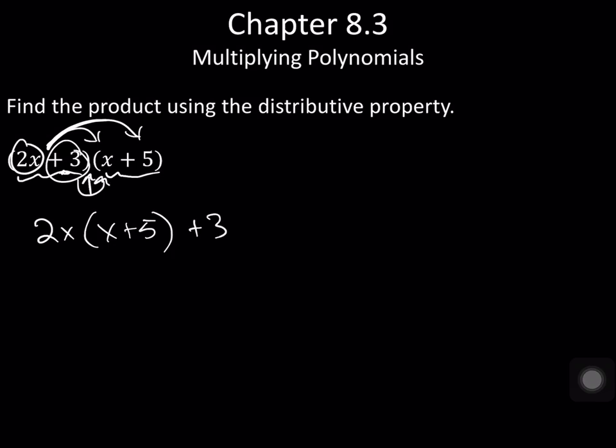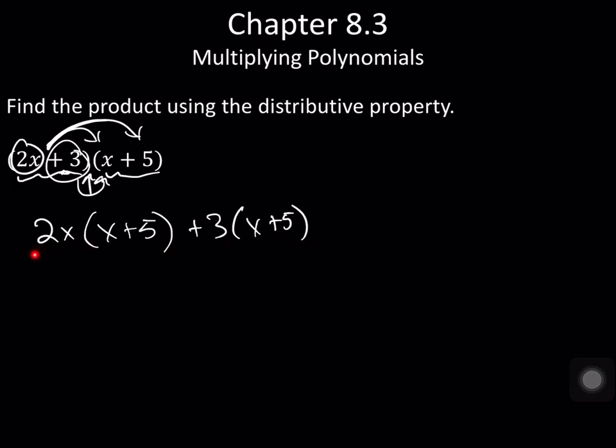So there's our plus 3. It's a positive 3, and it's going to be distributed to the x plus 5. This is one of those intermediate steps that some of us will skip eventually, but I want to make sure you see what's going on. The 2x is wanting to get into the parenthesis, and the 3 is wanting to get into the parenthesis. This is what the distributive property looks like.